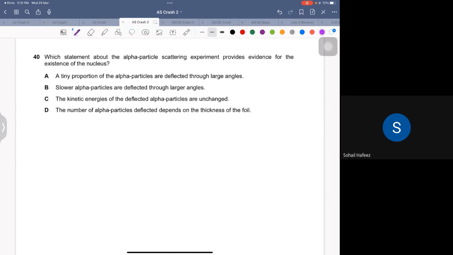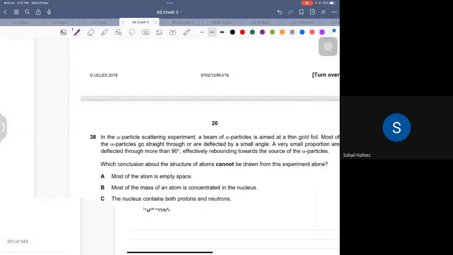Sir, I think it is A. Obviously, it is A because it shows the size of the nucleus is tiny, and that is when very few particles, a very tiny proportion, just went back. You gotta remember that. Everybody understand this? Okay, going to the next.